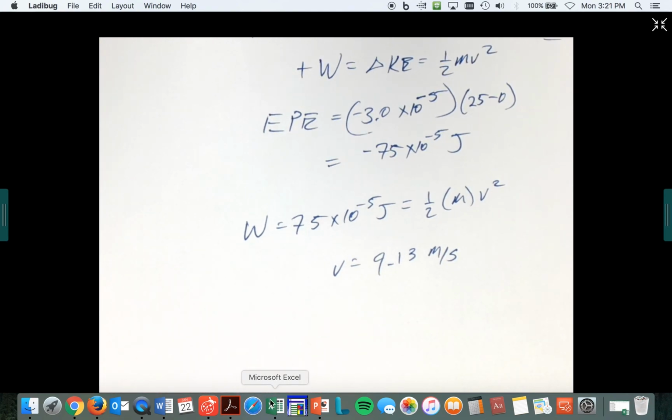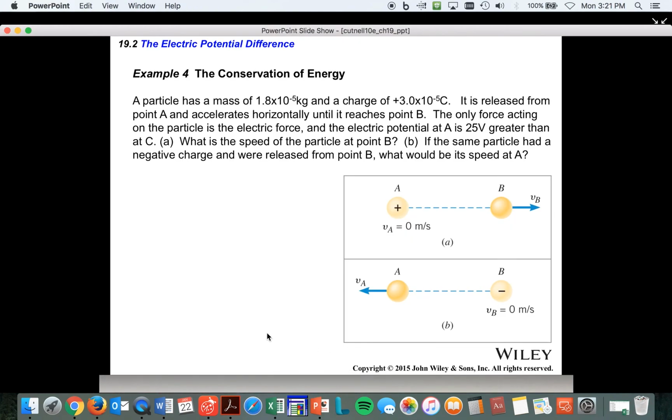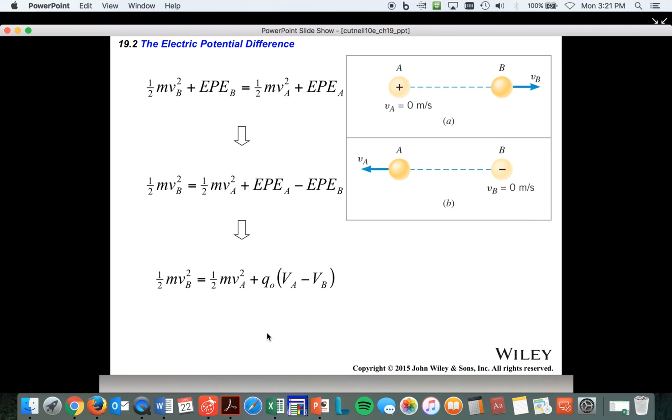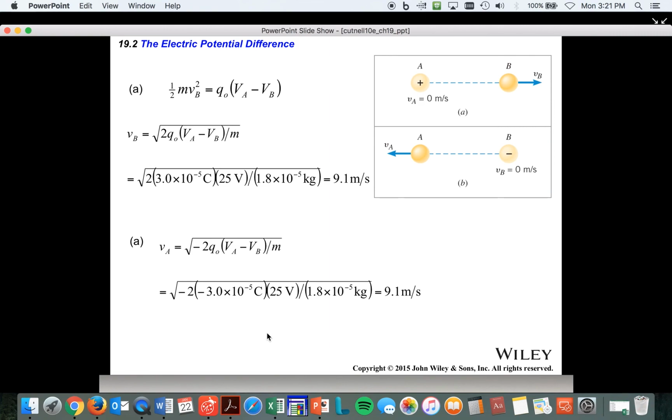Let's take a look, see what the slide actually says. 9.1.